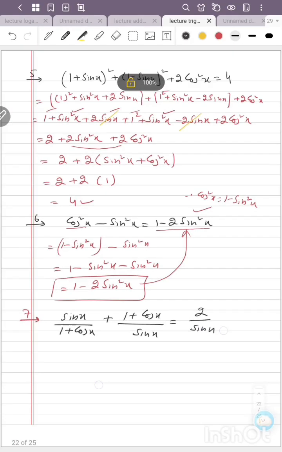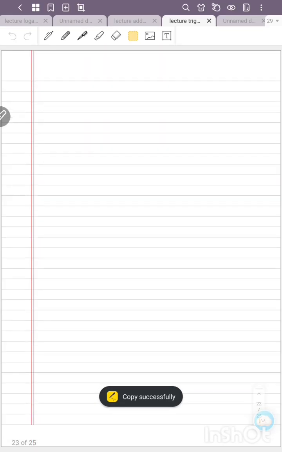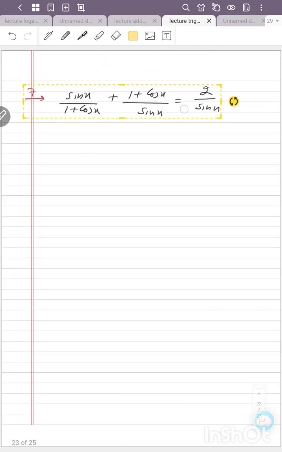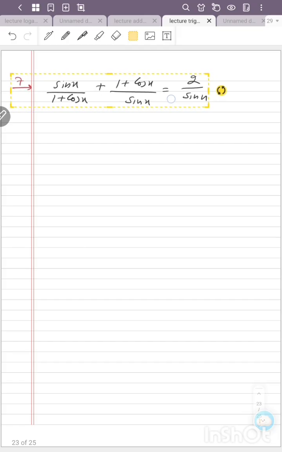How do we solve this question? Okay, dear student, we have to move it to the next page. Wait a minute, I have to copy and move here. Next page. This is our question 7.